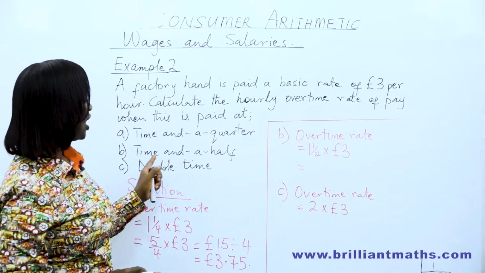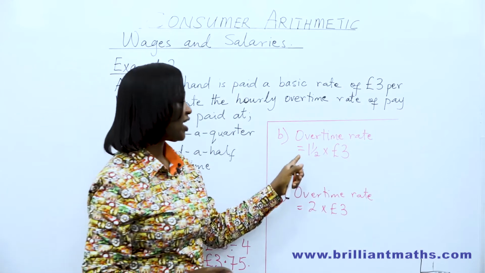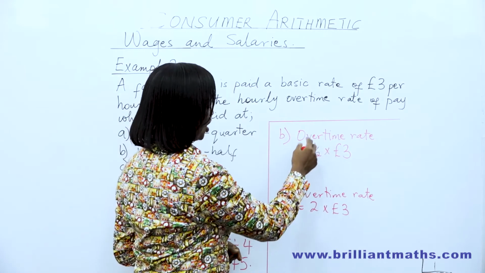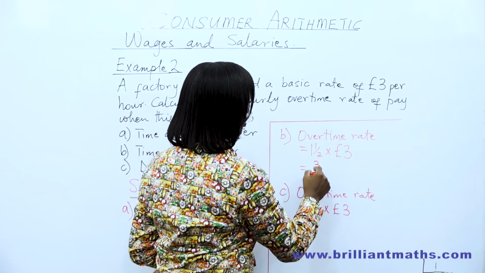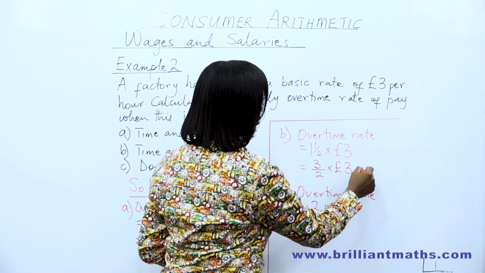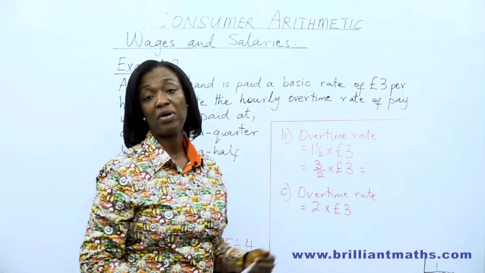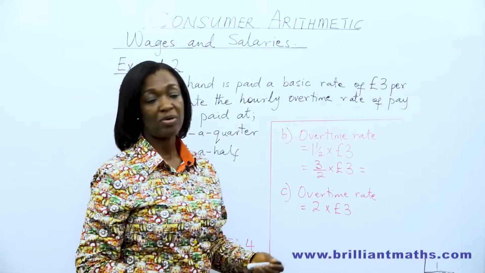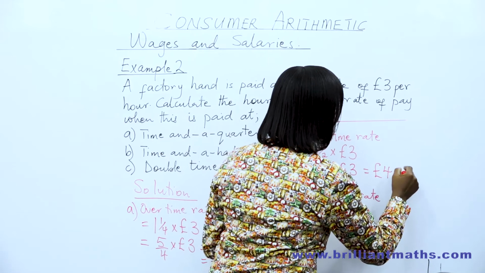B, time and a half. So the pay is going to be 1.5 times £3. You change that to an improper fraction, and that gives you 3/2 times £3. And actually, half of £3 is £1.50. So we're just adding £1.50 to £3 to give us £4.50.